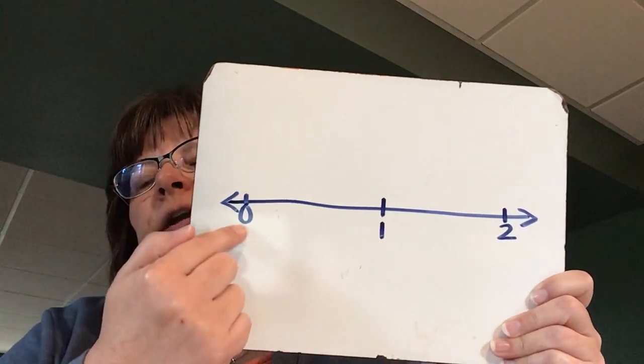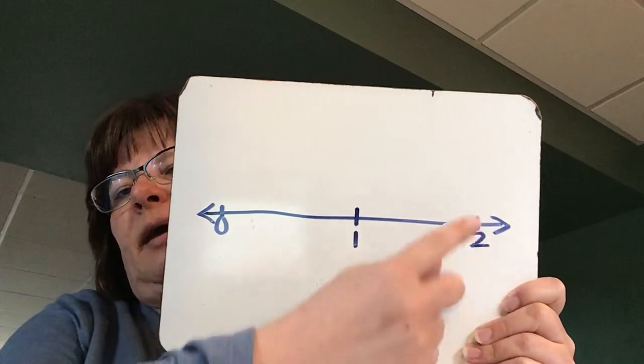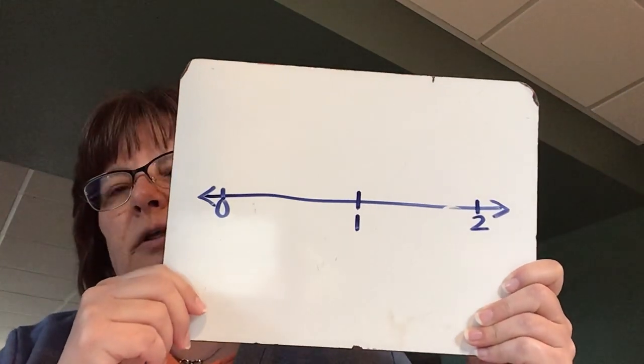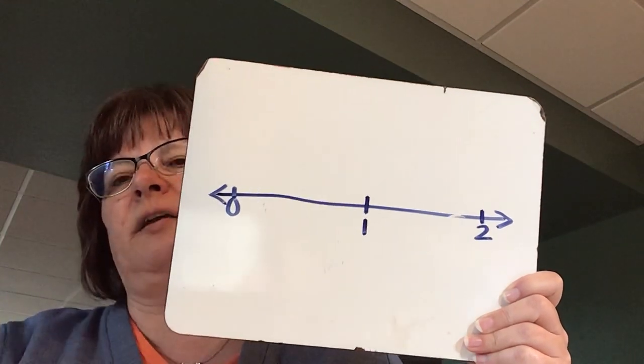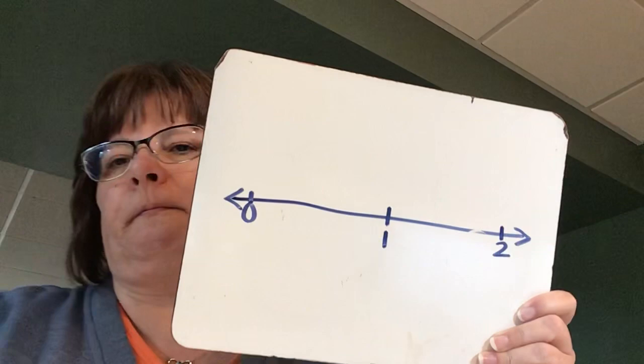So that's where you're going to decide how to partition things. Don't be distracted by this, okay? So if they want you to show where 1/2 is, you look at the 0 and 1. You go about halfway, and that's where you're going to put 1/2.